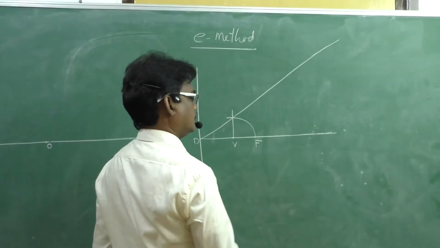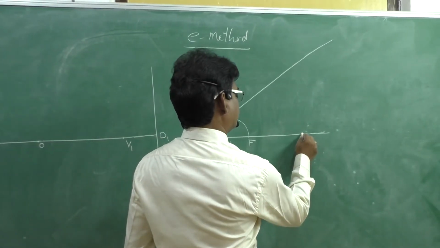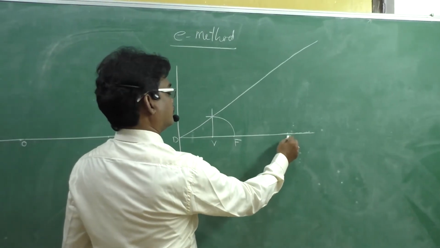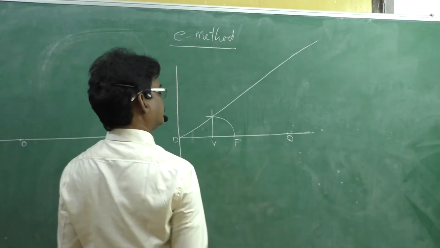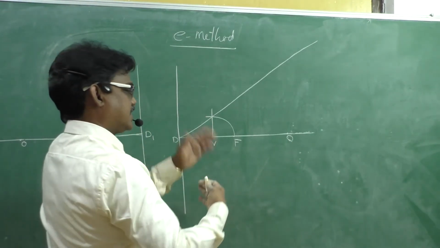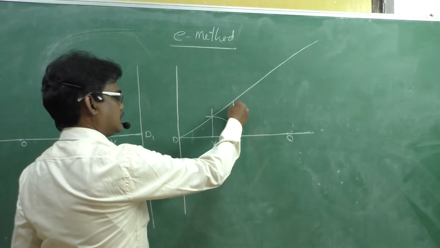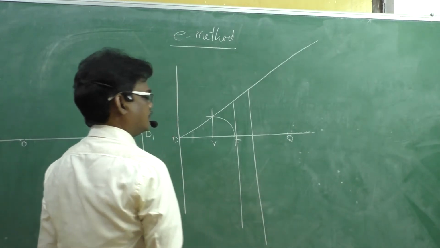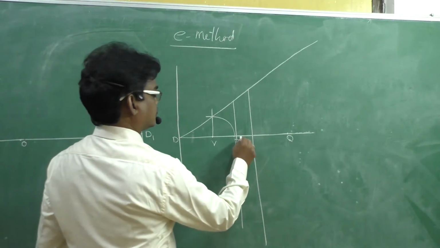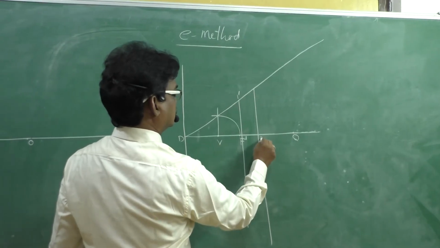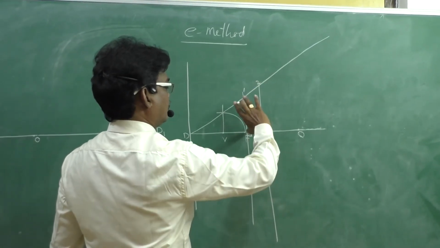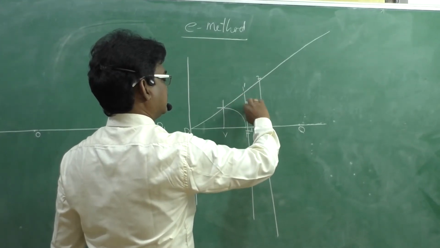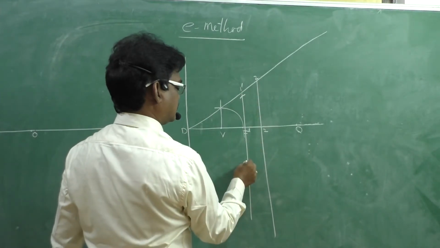Suppose this is the center point of the ellipse, or the intersecting point of the major axis and minor axis. Here we consider a number of vertical lines randomly, and suppose they are 1, 1 dash, 2, 2 dash. 1, 1 dash as radius, F as center, we draw the arcs on either side.